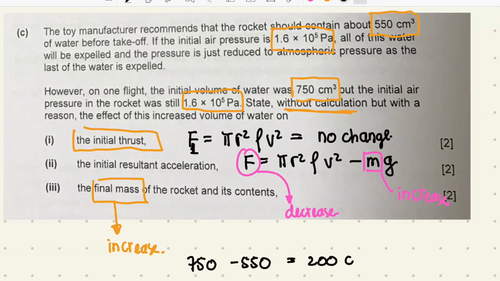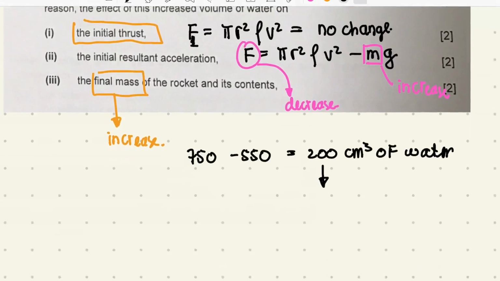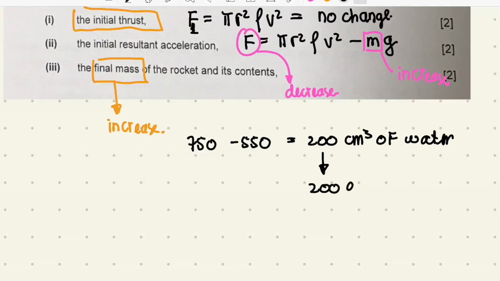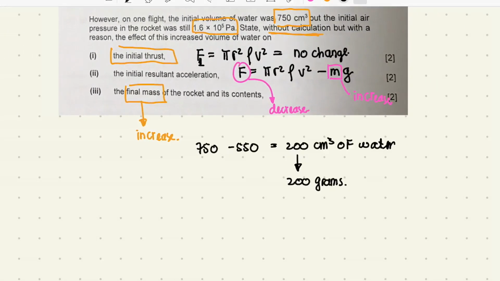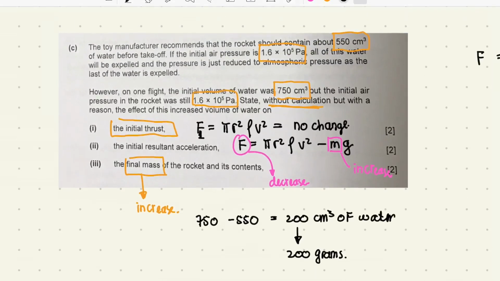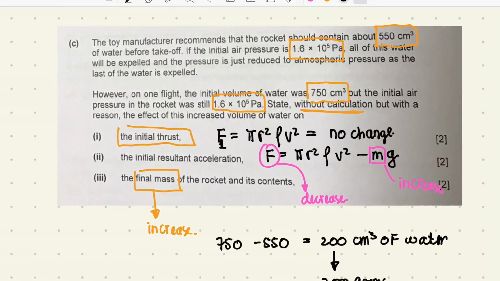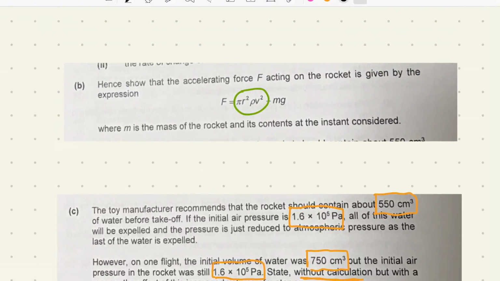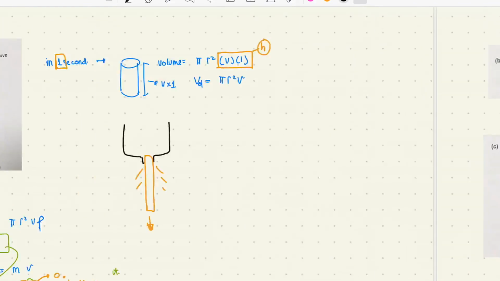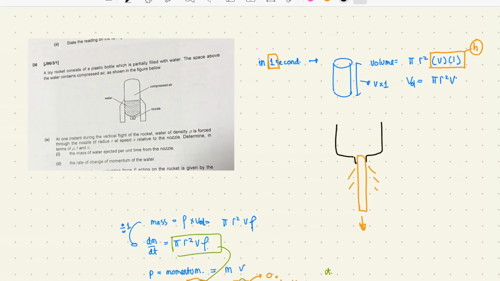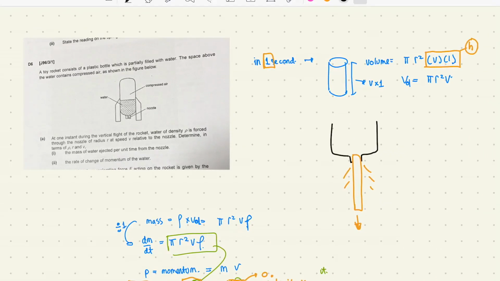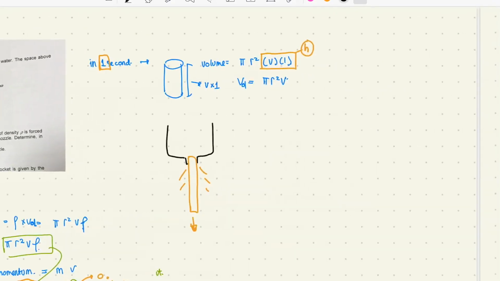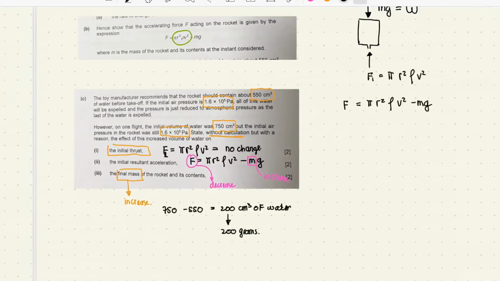There is still an extra 200 cm³ of water, which is around 200 gram of water. So it's a theoretical question, and you get a good mark. It's 6 marks. Compared with the previous question, which had calculation, they don't give so many marks on that.